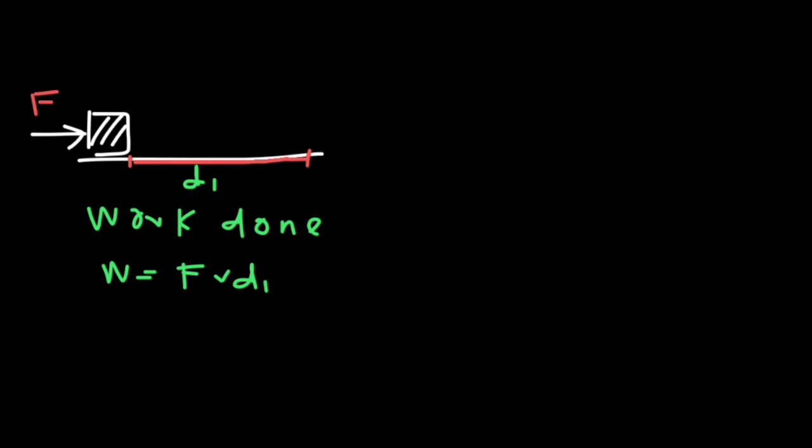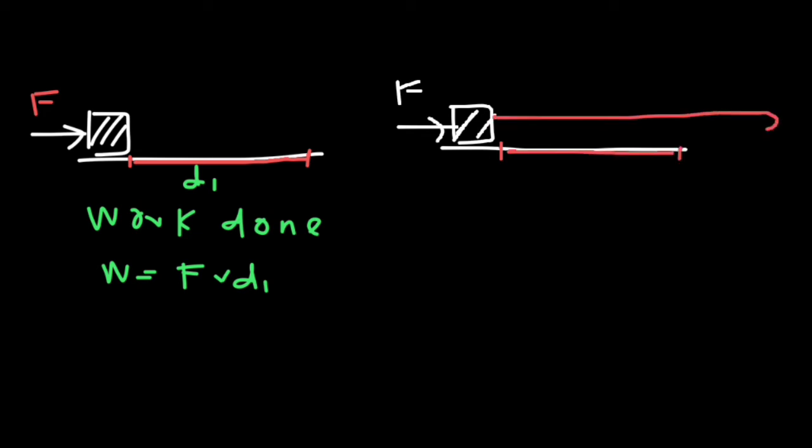A force F is applied on the box to move it across a rough surface. Work done to overcome friction is given by force into d1. How about if you apply the same force F, this time you choose to go beyond d1 and return back to d1. The applied force is the same and the displacement is the same.